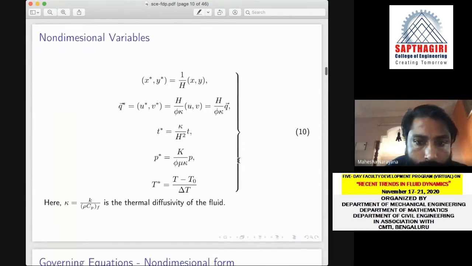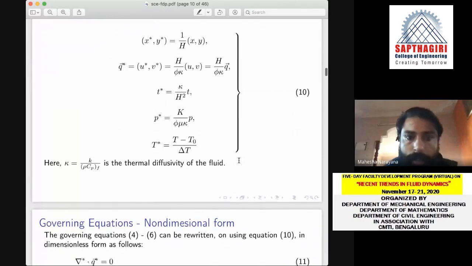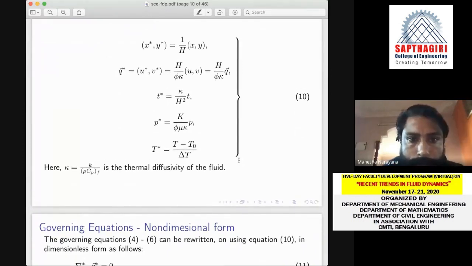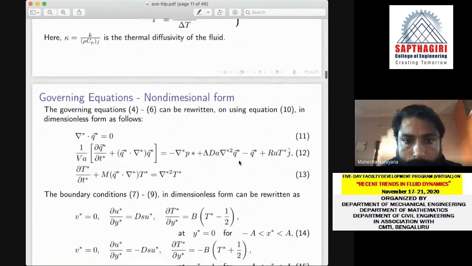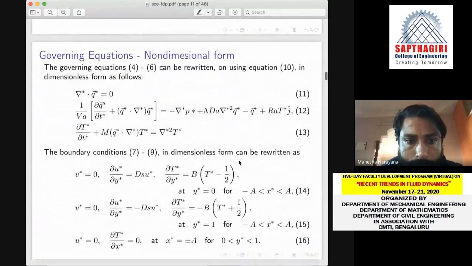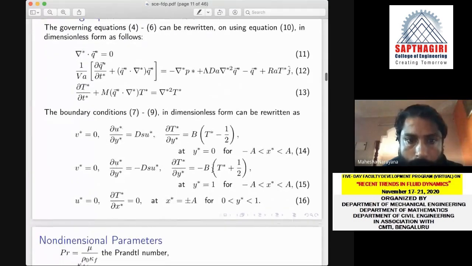One can put the equations that I showed earlier using non-dimensional variables, which are given in equation 10. Once we use equation 10, we end up getting equations 11 to 16, and these equations are in the non-dimensional form.